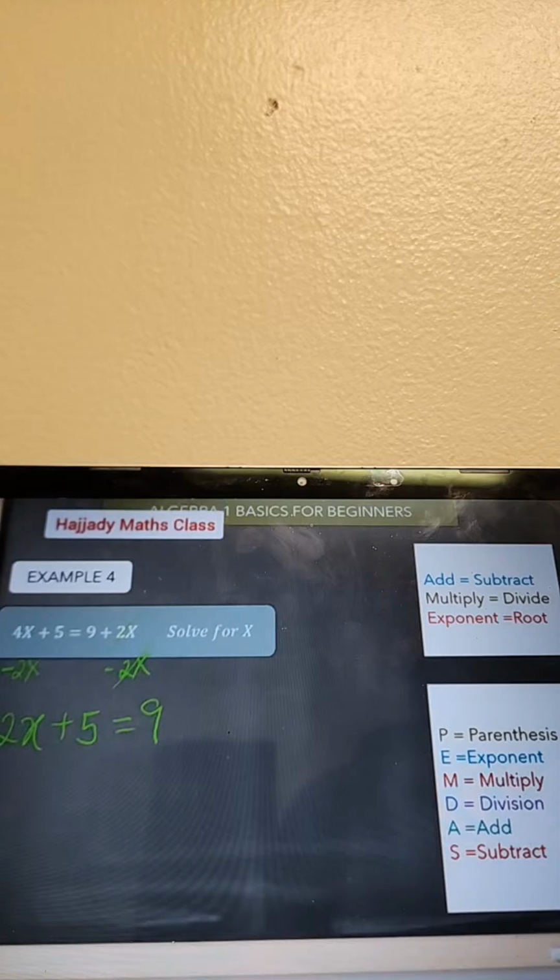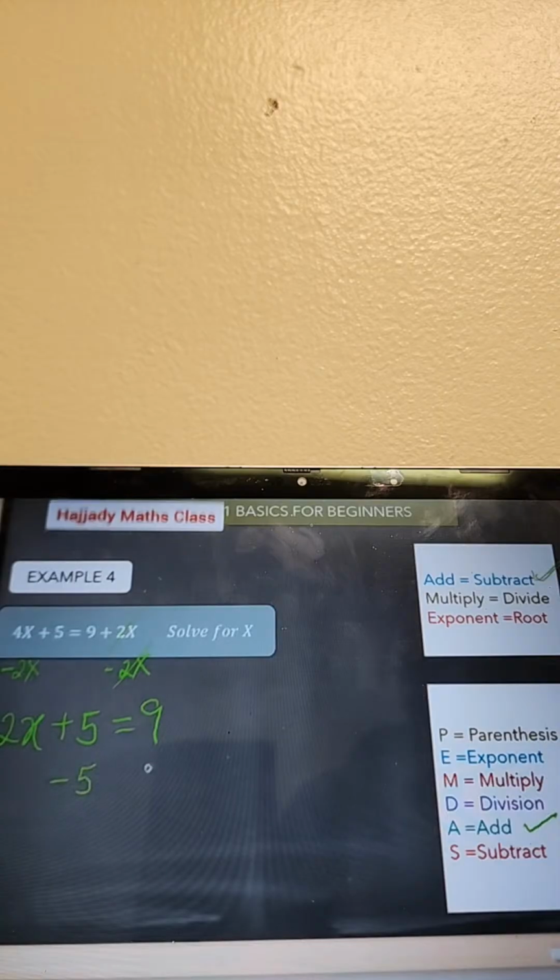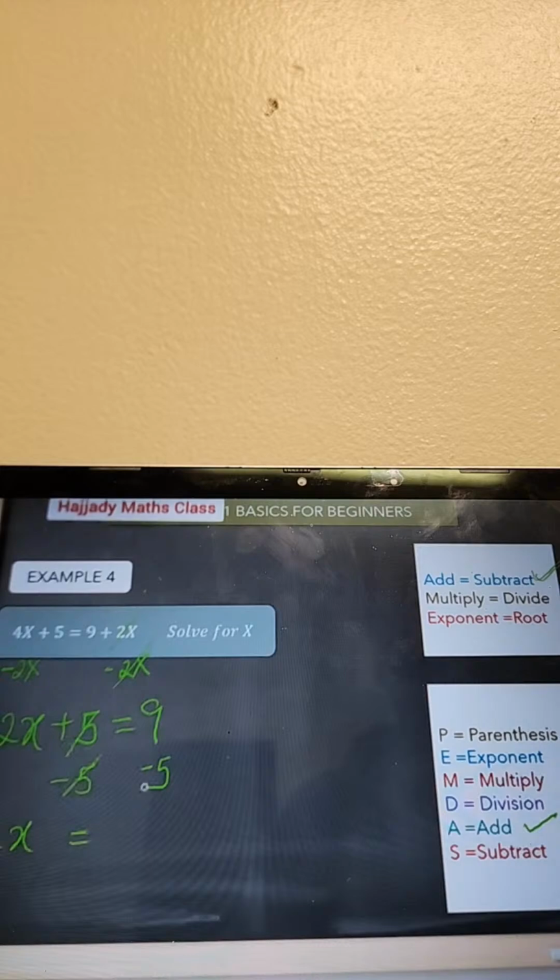Now we have this. What next? Like I said, using this rule of PEMDAS, subtraction, no. Addition, yes, we have. If you have addition, what is the inverse, which is the subtraction? So you subtract 5 from both sides. And here we have 2x, 5 cancel out 5, 9 minus 5 gives 4.